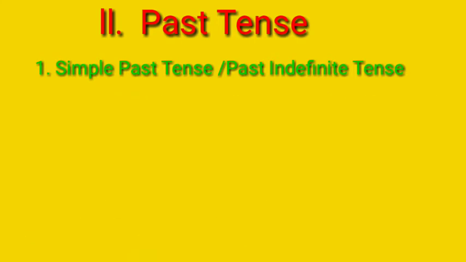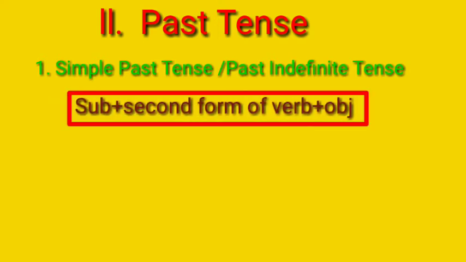Okay. The form of simple past tense is subject plus second form of the verb plus object. Here, no auxiliary verb, but to change one positive sentence into negative and to interrogative sentence, we must have one auxiliary verb.